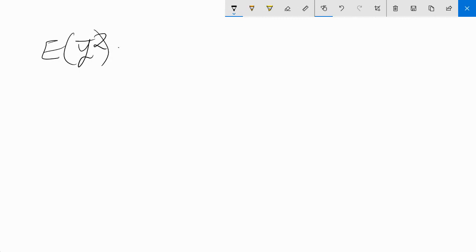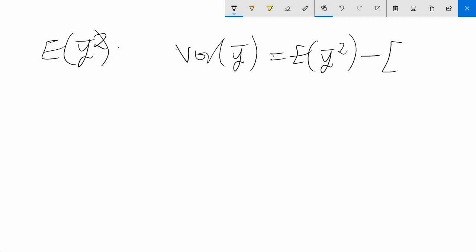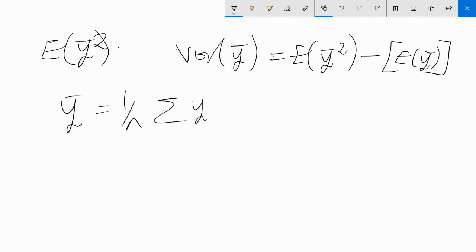So now I want the expected value of this, and I can get this from the variance of y bar, the expected value of y bar minus its mean. Let me just write what y bar is so that you can know. Y bar is nothing but 1 over n summation of yi. So the expected value of this is the same as the expected value of this.